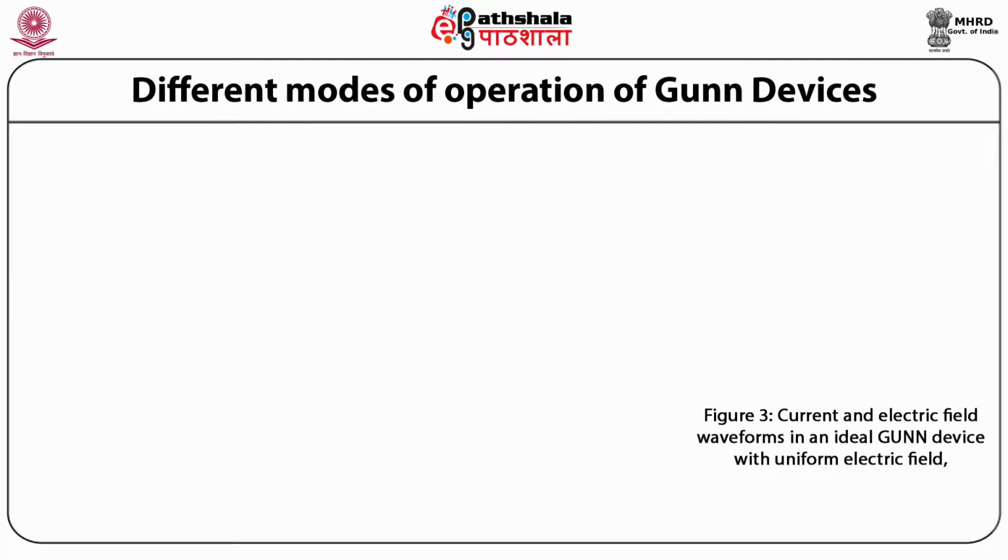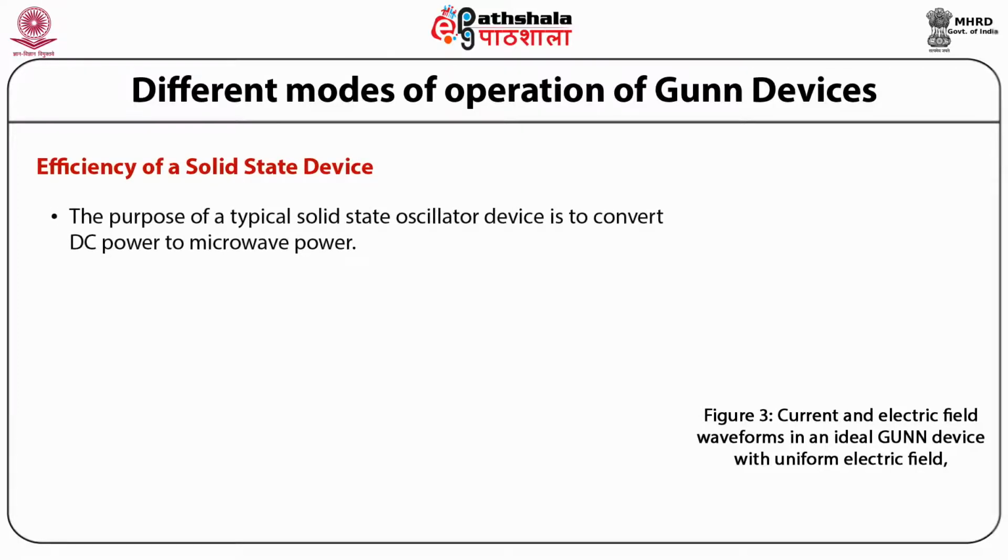Different modes of operation of Gunn devices. So students, let us first discuss the efficiency of a solid state device. The purpose of a typical solid state oscillator device is to convert the DC power to a microwave power. The efficiency will therefore be defined as the ratio of the output power, the microwave one, to the DC power supplied.